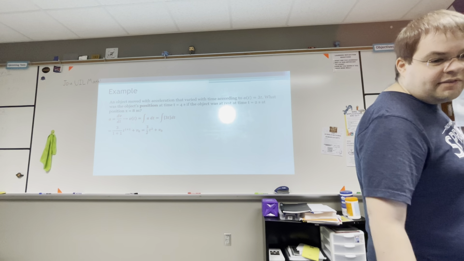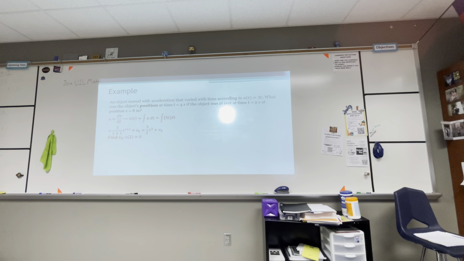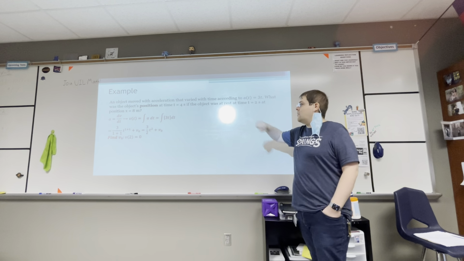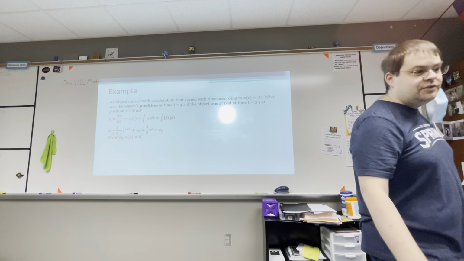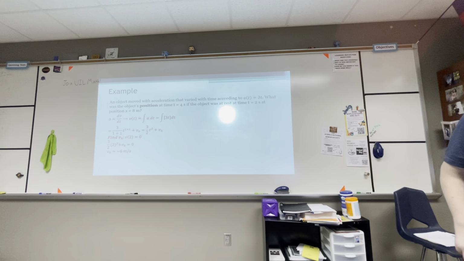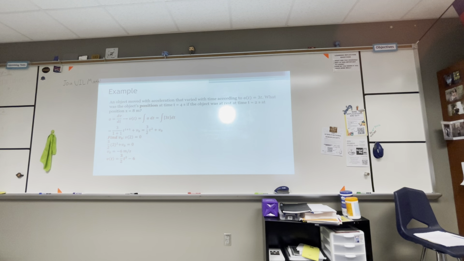But we want to find what that v naught is. We know that at 2 seconds, it was at rest. So we can plug in those values and figure out what that v naught is. And so we get a v naught of -6. We get our final velocity function.